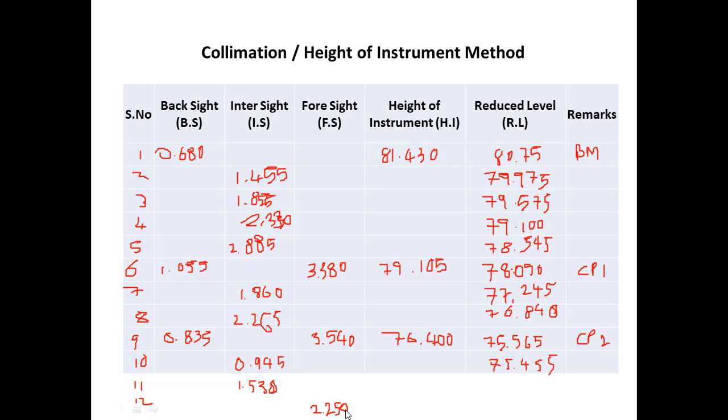Next, 76.400 minus 1.530 gives 74.870, and the last reading 76.400 minus 2.250 gives 74.150.